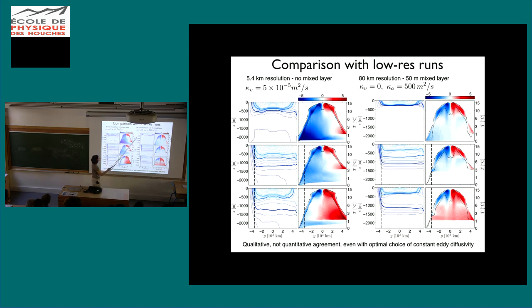I'm sure they were computational. And then no explicit vertical diffusion, but of course the model is diffusive. The advection scheme is diffusive. And then we chose this eddy. We used Gent-McWilliams with a constant eddy diffusivity of 500 meters squared per second, which seemed to work the best for this set of parameters. So it's tuned, if you will.